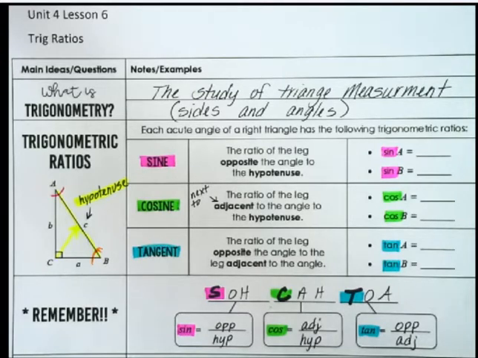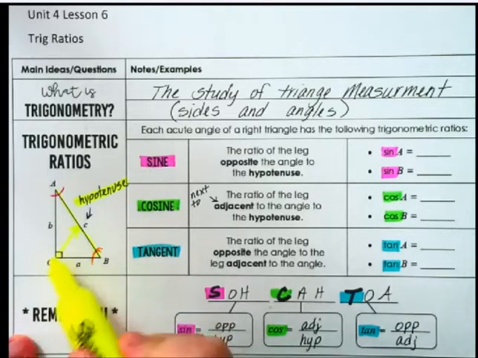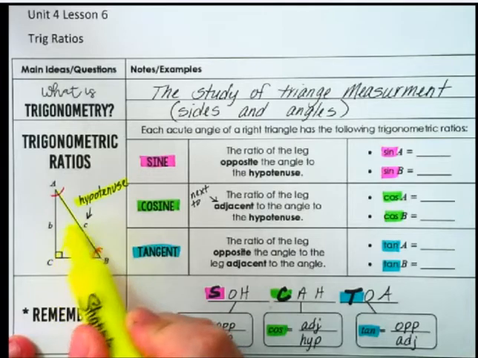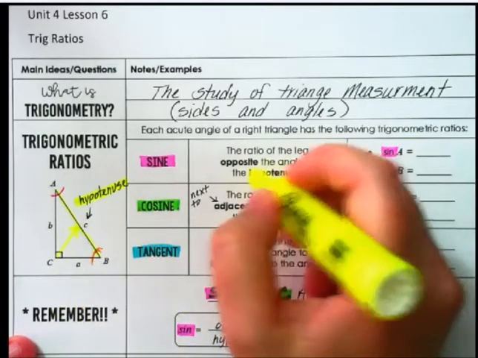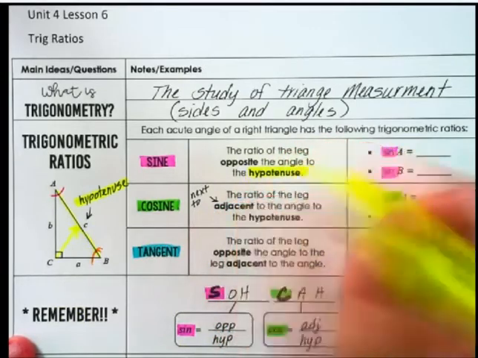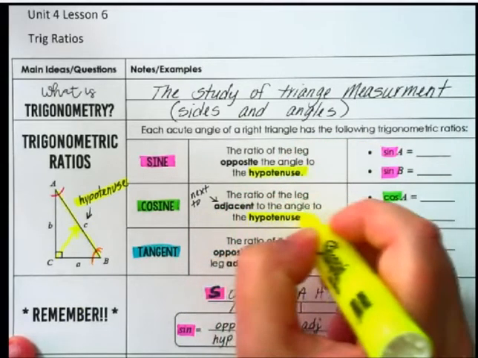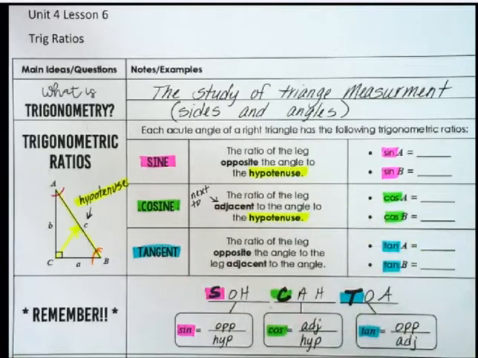However, the hypotenuse is always going to be the hypotenuse no matter what. And I did highlight that over here in this little image. Remember, the hypotenuse is the side opposite the 90-degree angle. So the hypotenuse will be the same in both sine and cosine because the hypotenuse is always the hypotenuse.